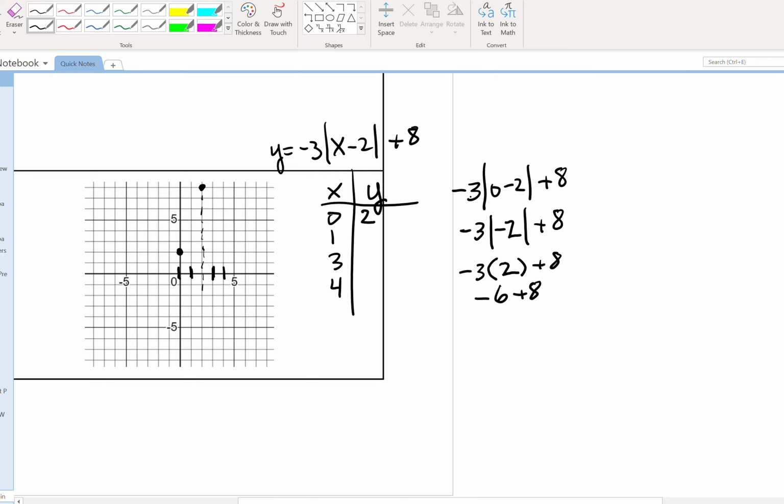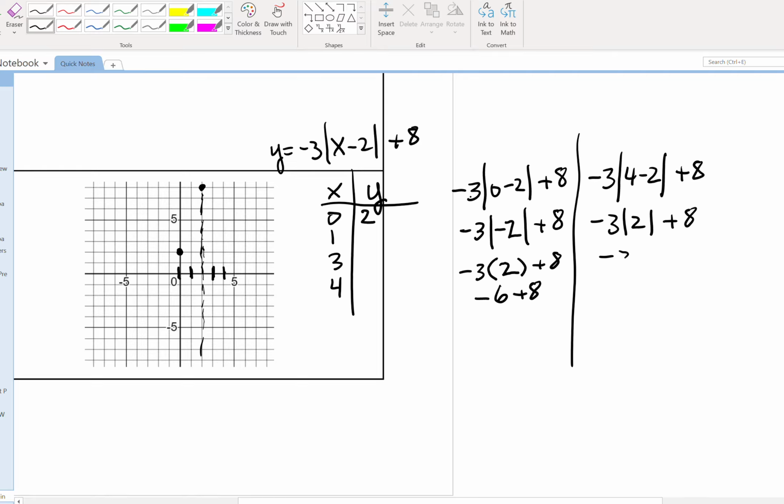Now, I would expect then that the value at 4 would also be 2 because of the symmetry, right? But let's check. -3 absolute value, 4 minus 2, plus 8. -3 absolute value of 2 plus 8. -3 times 2 plus 8, and that's -6 plus 8, which is 2.